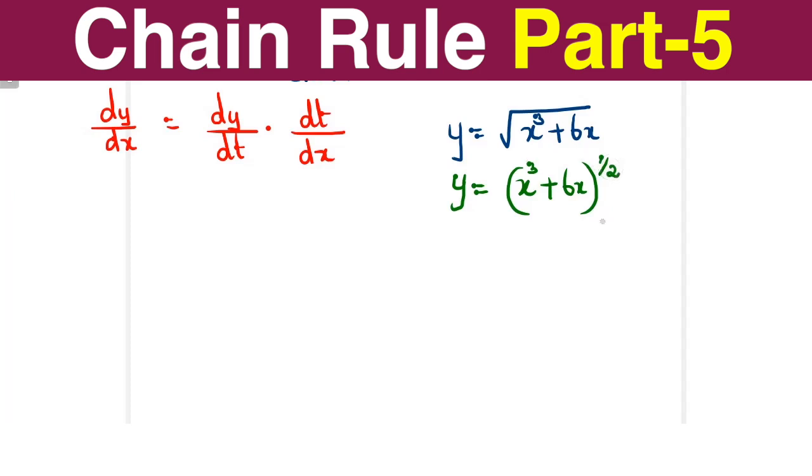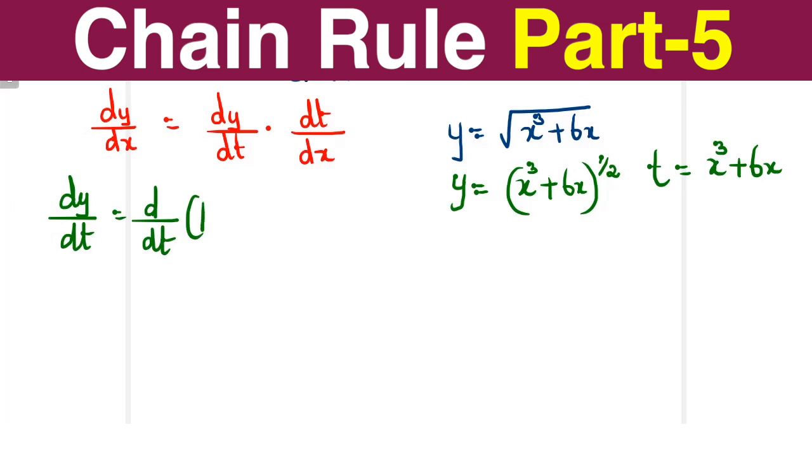Now we have an idea of what to substitute as t, isn't it? So t is going to be equal to x cube plus 6x. Now let us calculate the dy by dt for this particular expression, because this is nothing but d by dt of t to the power half.